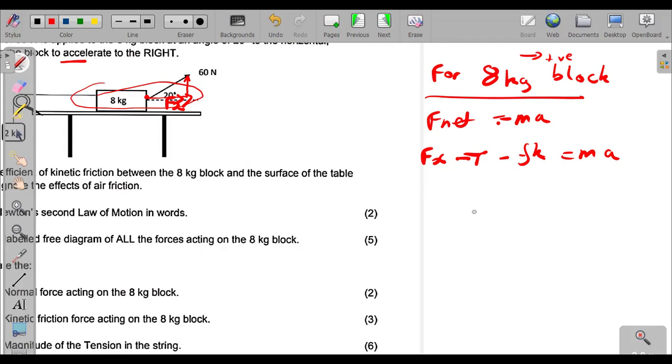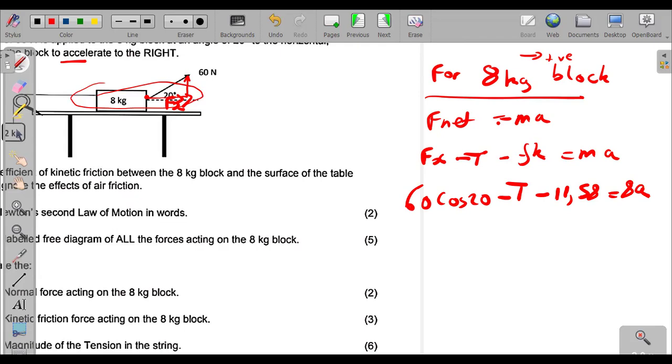So we can therefore substitute the value 60 cos 20, that's Fx there for us, minus T, the unknown tension, minus Fk, which we have calculated already, 11.58, is equal to 8, the mass, multiplied by A, the unknown acceleration.